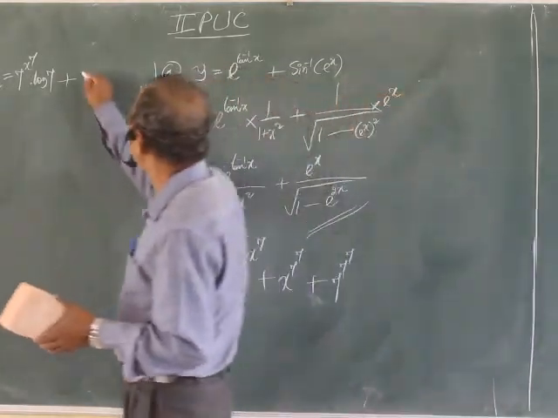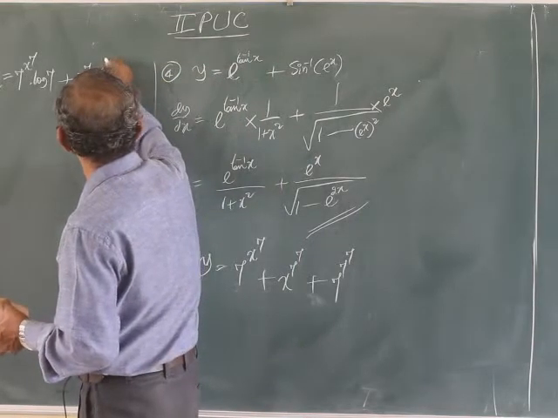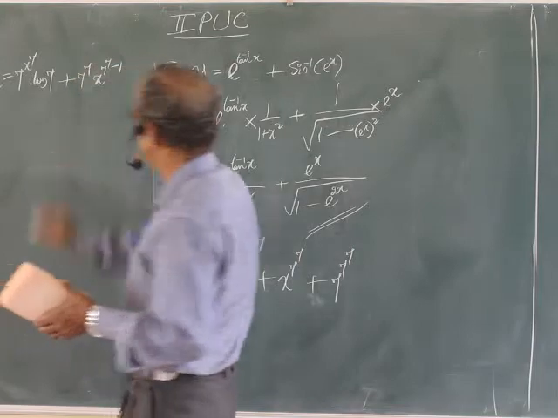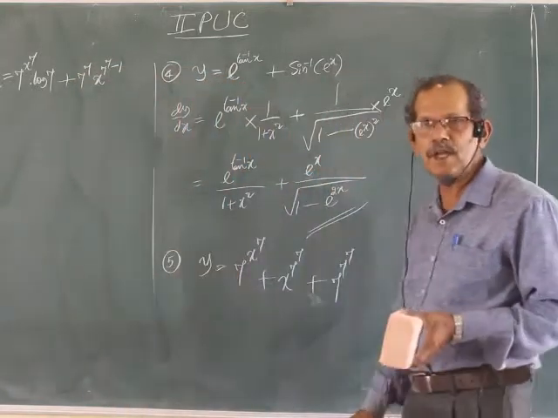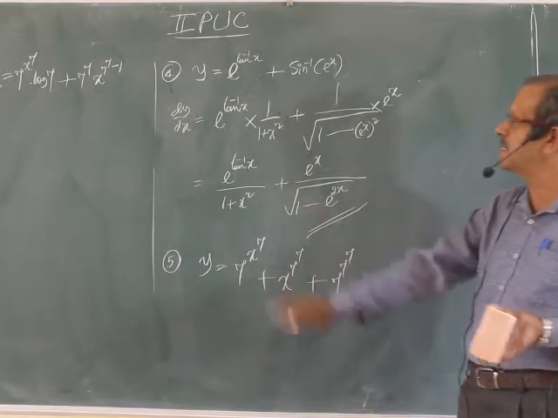So x to the power n formula is n into x to the power n minus 1 over whatever it may be. 7 to the power 7 is a number. So n into x to the power n minus 1.